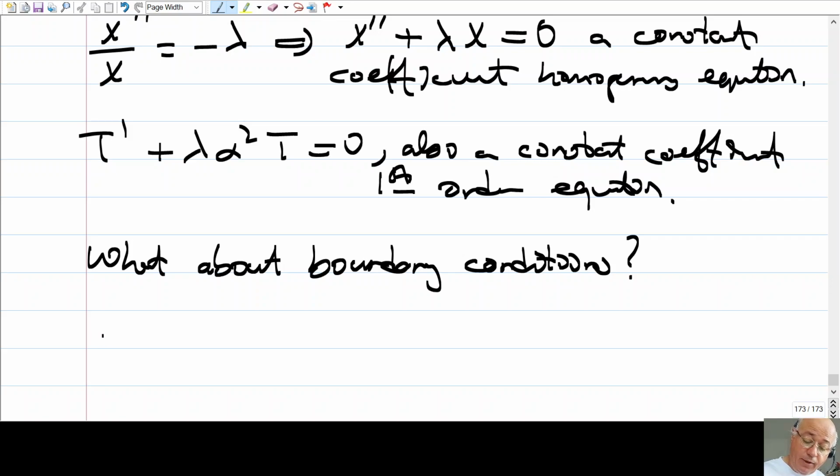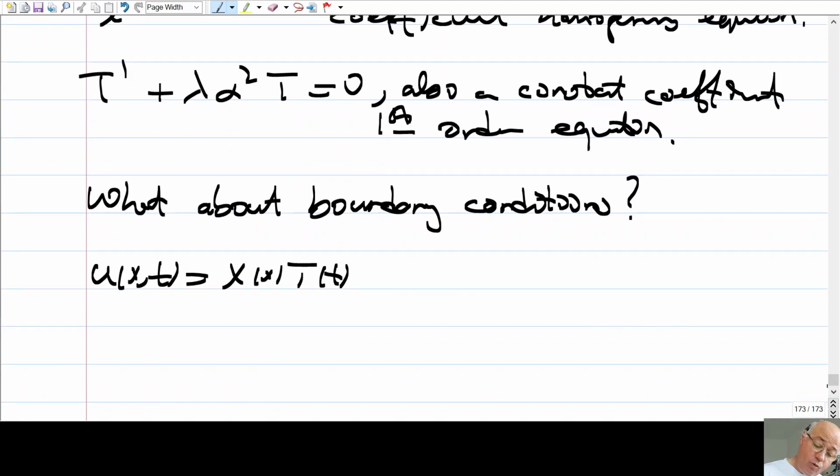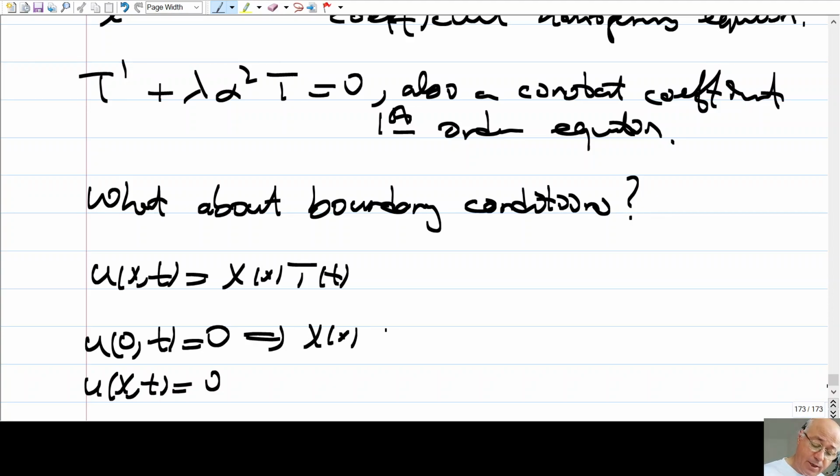Well, I assume that u of x, t is a function of x of x and t of t, and we have two boundary conditions, u of 0, t equals 0 and u of L, t equals 0. Well, this gives us x of 0 times t of t is 0, and x of L times t of t equals 0.